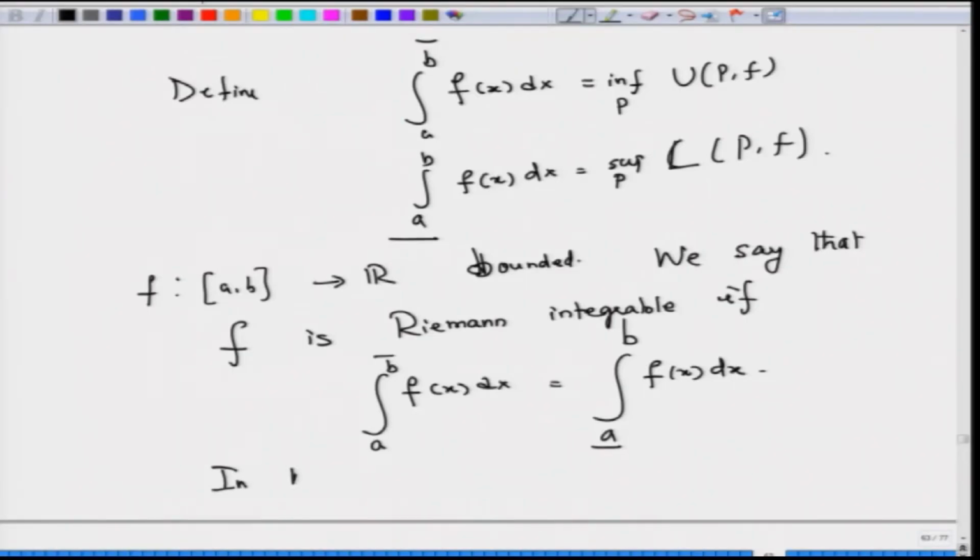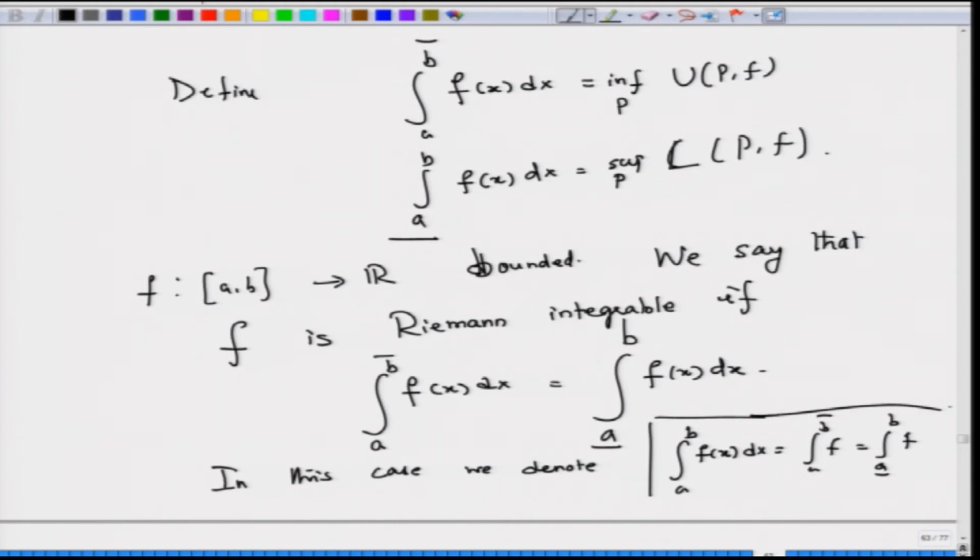That is when we will say that f is Riemann integrable. And in this case we denote the integration of f, which is equal to this common value. So this is the definition of the Riemann integration.